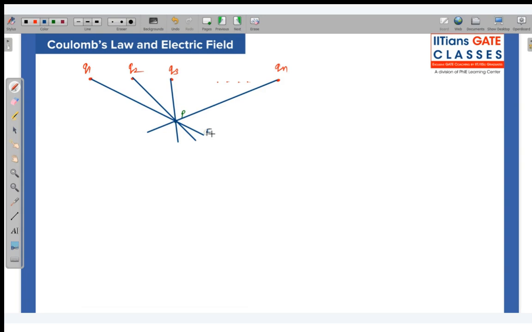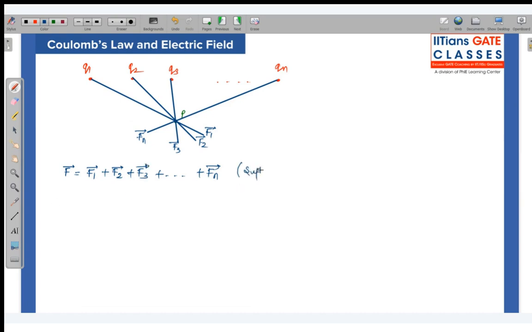So this is F1, F2, F3, Fn. The force is the vector sum of all the forces F1, F2, F3, and so on up to Fn. This is just the superposition theorem.